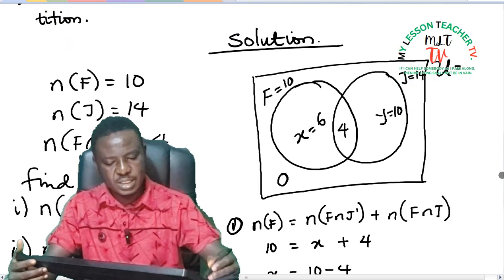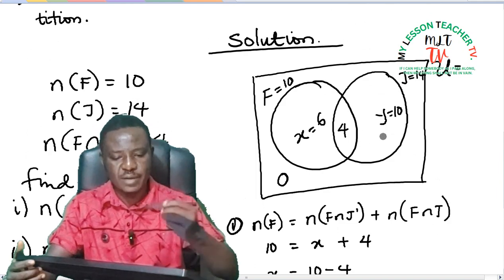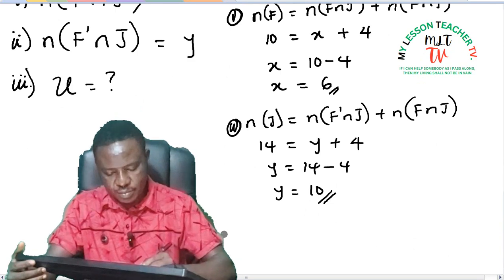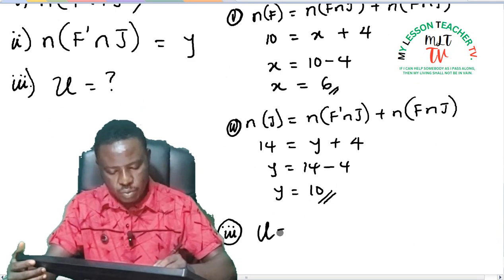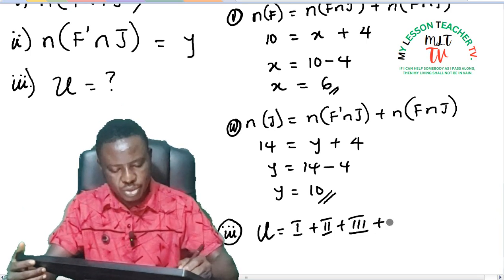And the universal set is said to be the sum of all the regions 1, 2, 3, 4. So we therefore have it that the universal set U is said to be the sum of region 1 plus region 2 plus region 3 plus region 4.